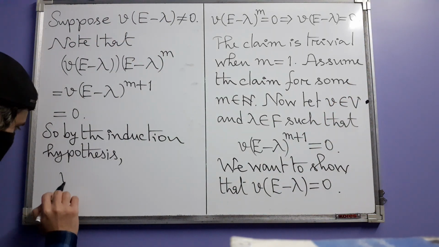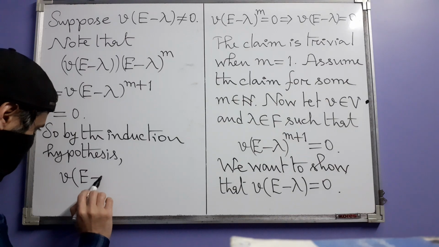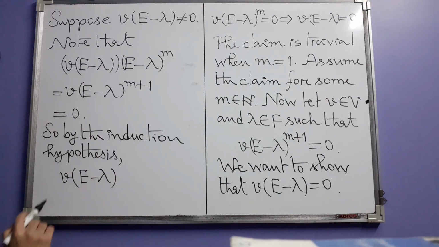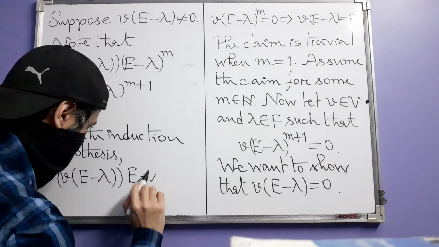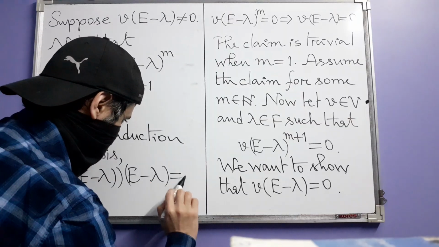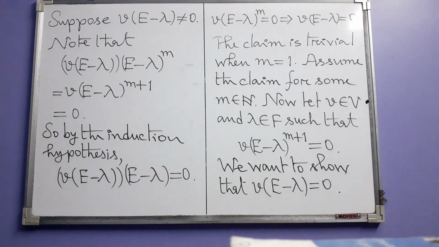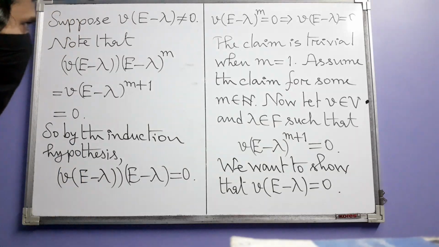That is, we should have this. This was our vector on which if we apply E minus lambda, then also we should get 0. This is a result of our induction hypothesis. Okay.